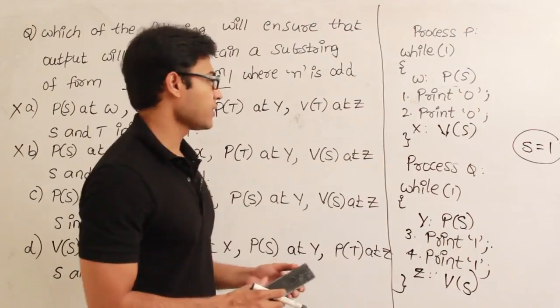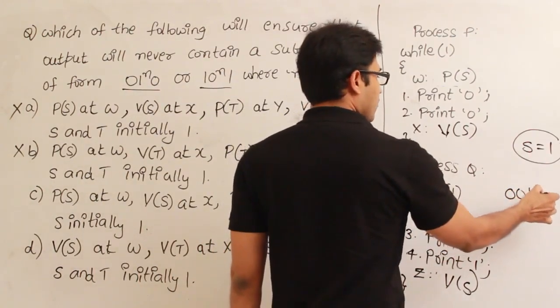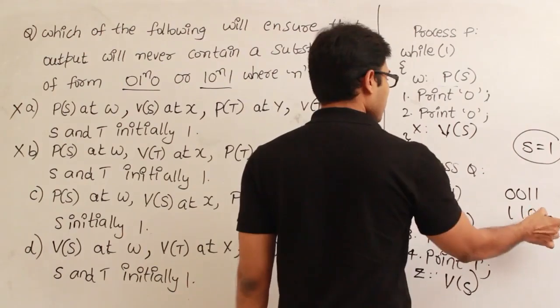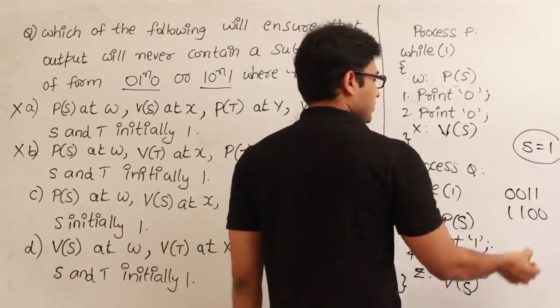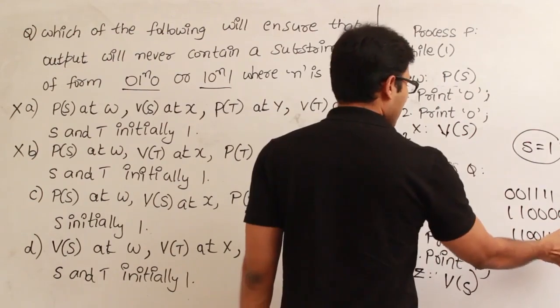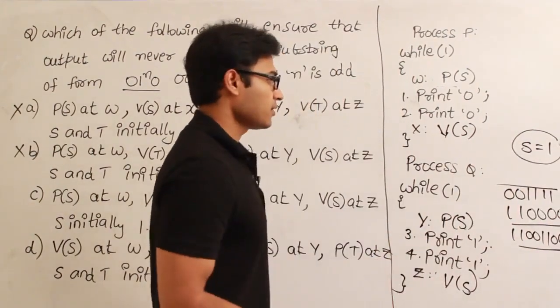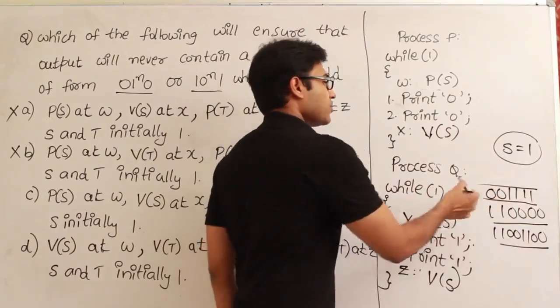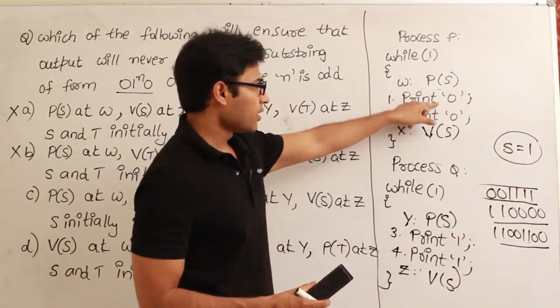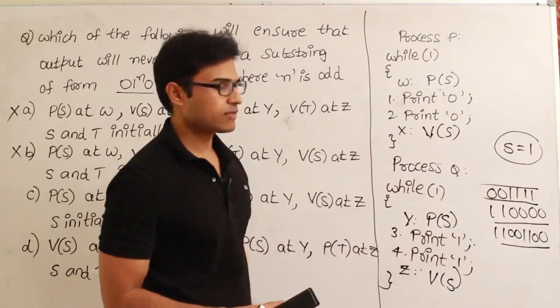So in this case, either we can run 0 0 1 1 or 1 1 0 0, or any sequence, which means 1 1 here, 0 0 here, or 1 1 0 0 1 1 here. All the sequences are possible, but even if you get preempted after printing 1 0, you cannot print 1 1. The reason is you cannot enter this printing sequence, right?